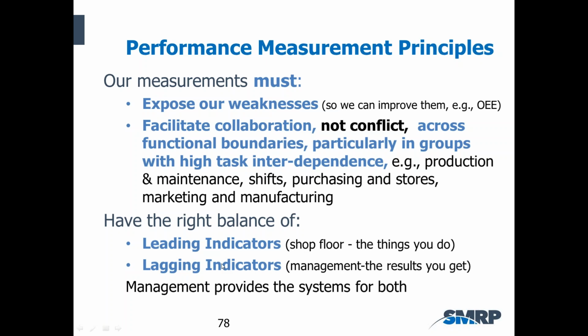I think most folks would be far better off if they had more leading indicators, the things that the shop floor does, process conformance for the operators, leaks, alarms, all that sort of thing. And for the maintenance guys, number of bearing failures, number of seal failures, all that sort of thing. Leading indicators, that is what the shop floor is doing, because if you get that right, the lagging indicators have to improve.